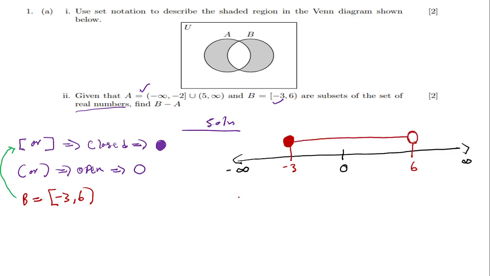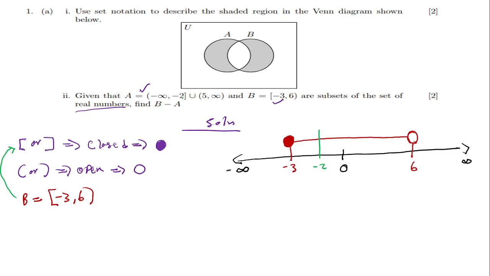Now let's look at set A. Set A is a set whereby you are coming from negative infinity up to -2. So -2 is somewhere here, and you ask yourself, is it part of the answer? Yes, it is. So it's going to be shaded and it goes to negative infinity.